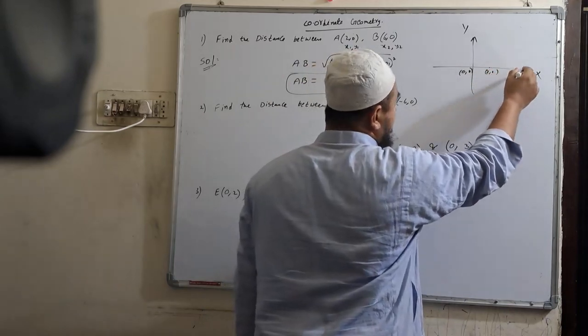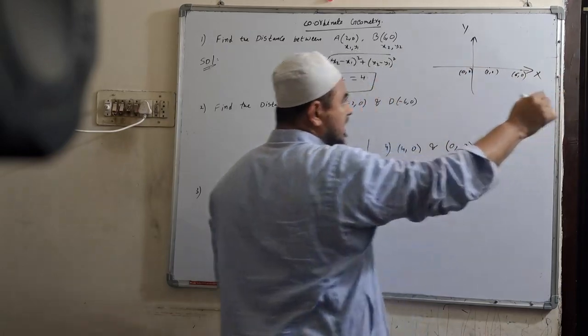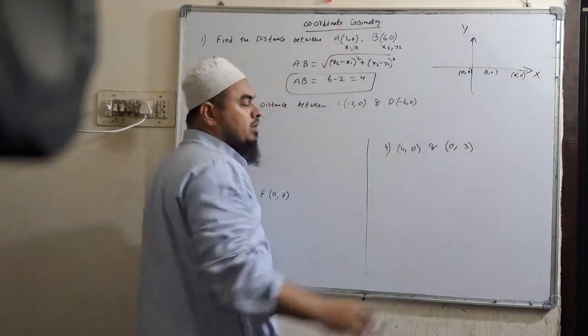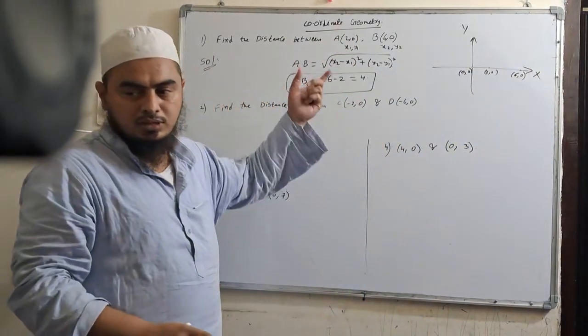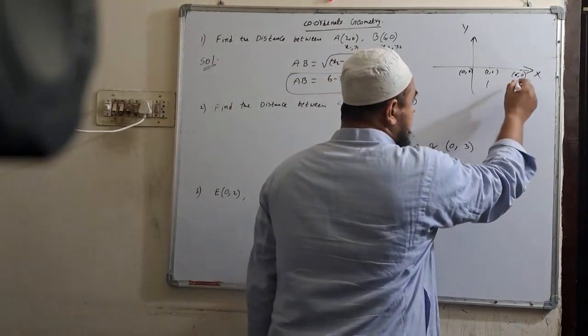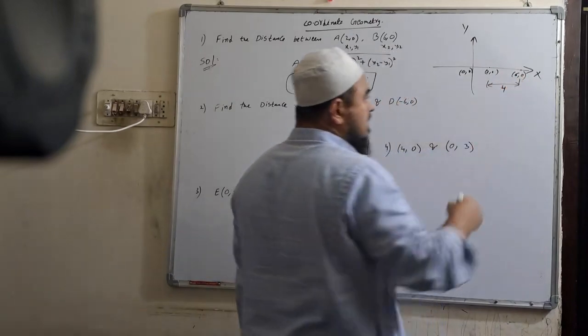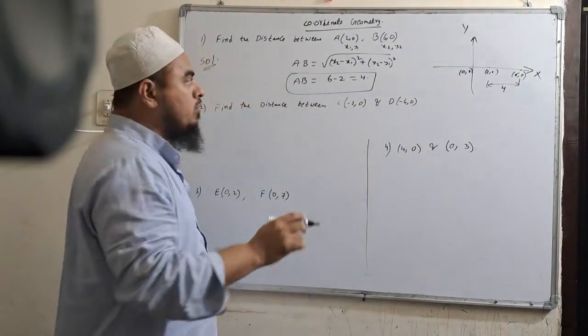Okay, and 6, 0 means here we get. Because on the x-axis we have this 2, 0 and 6, 0, both the points lie on the x-axis itself. So the distance between these 2 points you can directly find by subtracting 6 minus 2 equal to 4.